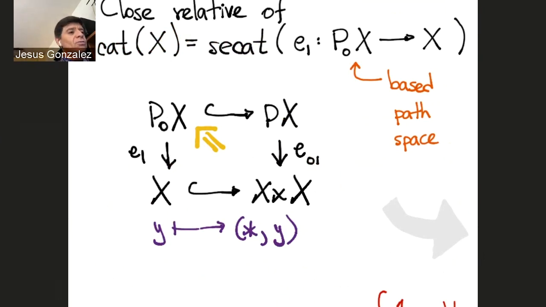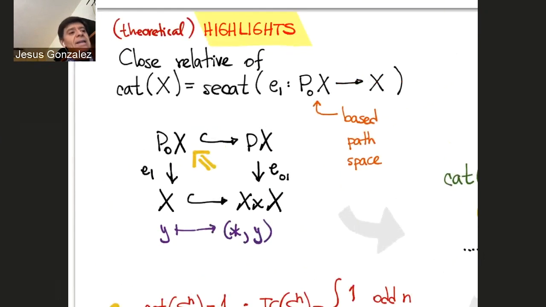And of course, this is a contractible space, and having local sections for that means identifying open sets on X which are contractible in X.